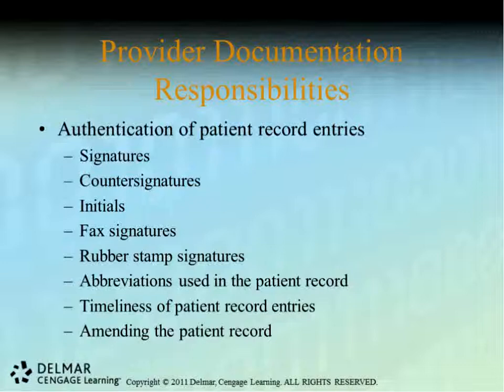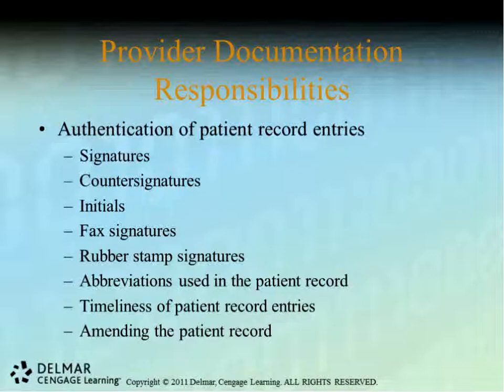It states, still talking about the conditions of participation, that the report for that physical exam has to be put in the patient record within 48 hours after admission. So time frame is important, right? And the thrust behind that is it needs to be done as soon as possible.